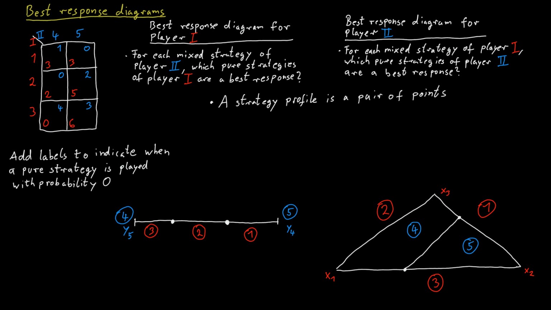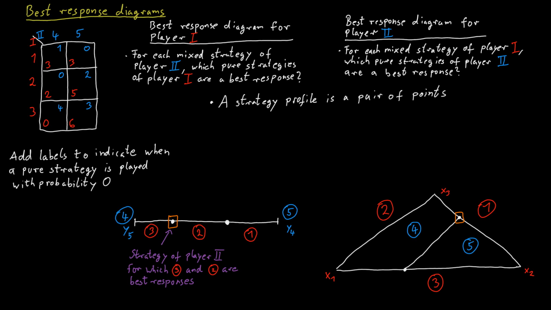And that means that we need to find all the labels in this pair of points. So I have indicated a pair of points here. And on the left, you can see this particular point where both strategy 2 and strategy 3 are best responses. But strategy 1 is not. Okay?